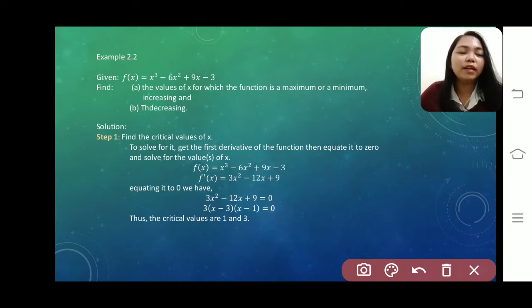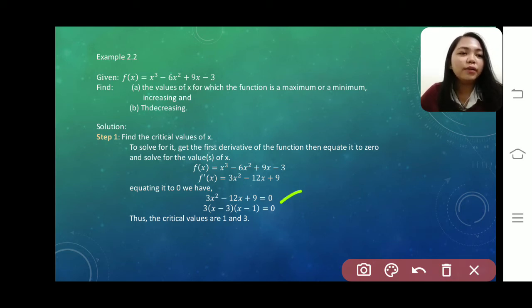Katulad lang nung kuha nung increasing and decreasing nung function natin, we have to find the critical values of x, which will come from the first derivative. And then, pag nakuha yung first derivative ng function natin, i-set natin yon equal to 0.